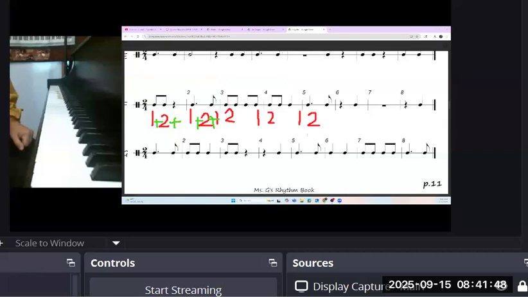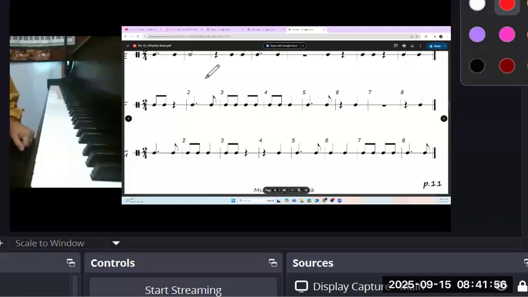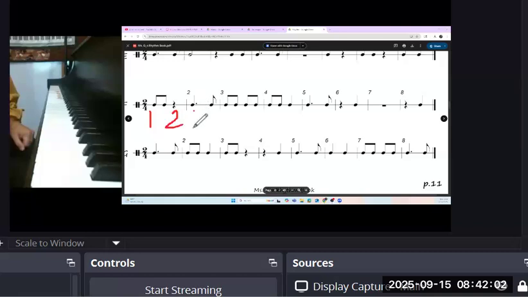So let's do 2 more lines. Let me erase that. Let's do this line. So again, I'm going to count now the and really soft so that you have more of a sense of the beat. 1, 2, 1, 2, right?